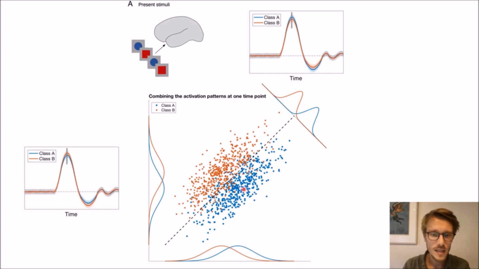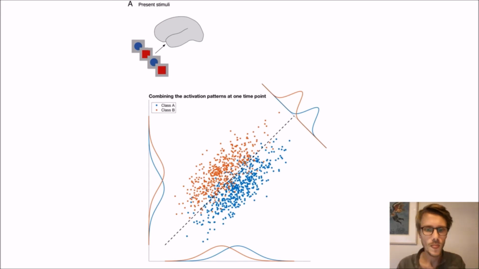And if we combine these two, then we can get a separation like this one. And you can see that the separation between these two distributions is much larger than if we look at the univariate distributions. So the sensitivity of combining multiple sensors at the same time can increase the detectability of differences between the two categories.